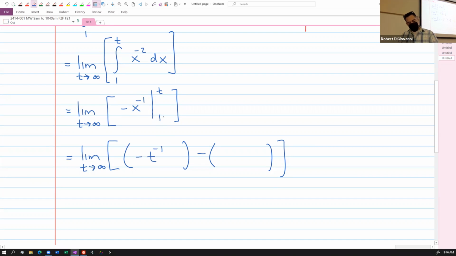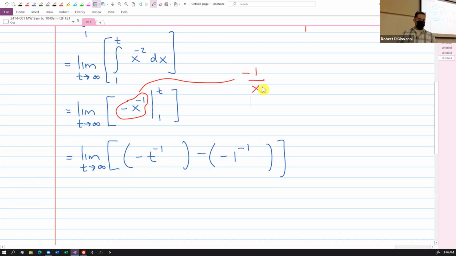And then when I plug in 1, I get negative 1 to the negative 1. That looks weird. Doesn't that look weird? Negative 1 to the negative. Maybe we should have done this. Maybe instead of writing that, maybe we should have all just realized that that's negative 1 over x. Right? I think that's better to look at, don't you?